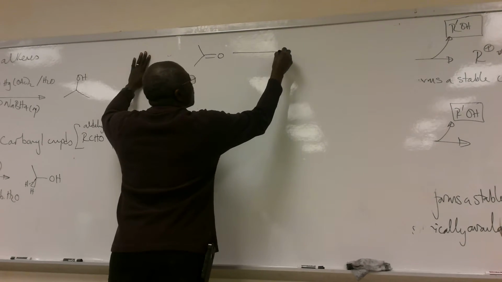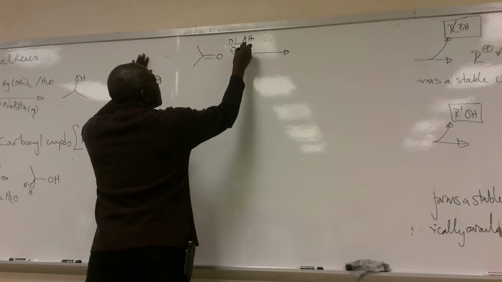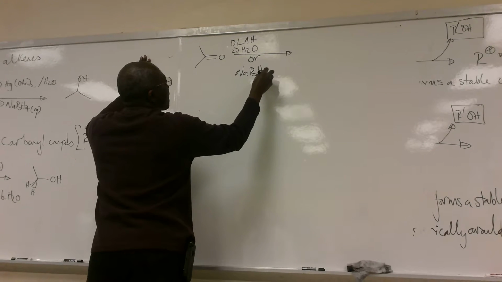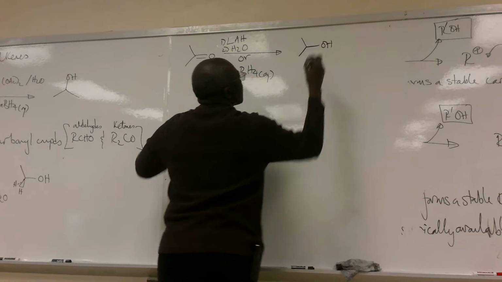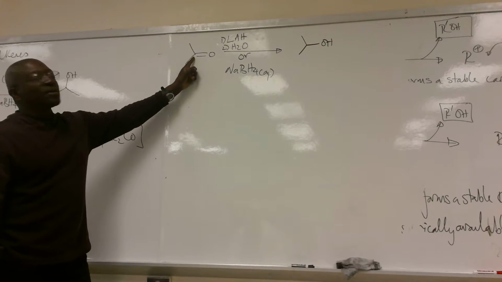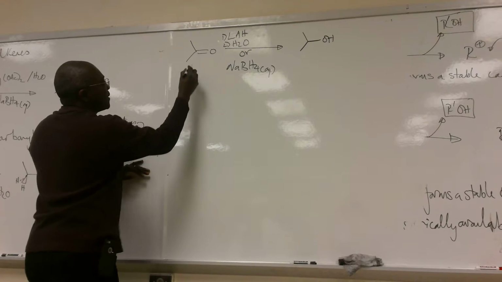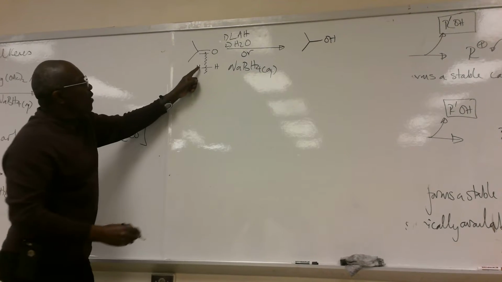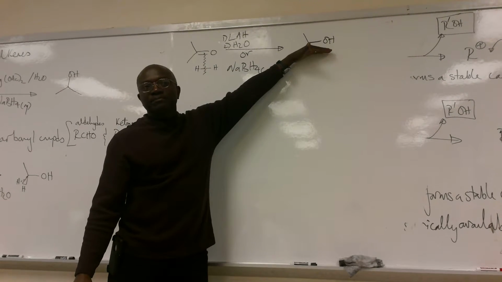If I treat acetone with either LAH followed by water or aqueous sodium borohydride, I would generate the corresponding secondary alcohol. And essentially what happened is I put an H on this carbon and an H on that O. So it would kind of look as if I did this. So one H goes here, one H goes there, and I make the secondary alcohol. Okay?